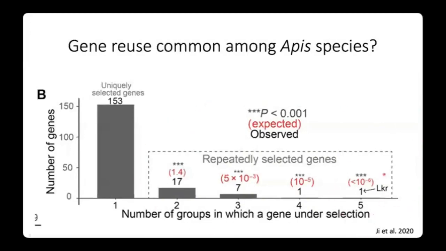And if we focus on this gene here, they found that the leukocaine receptor gene, which is hypothesized to be related to foraging division of labor, was under selection in each of the lineages they looked at. So this emerging pattern of gene reuse among Apis to facilitate rapid adaptation and rapid radiation is really interesting, and I'm excited to see if these patterns are observed in other Apis species in the future.